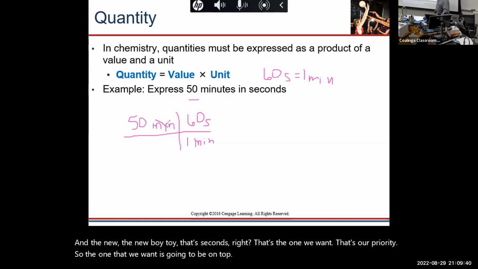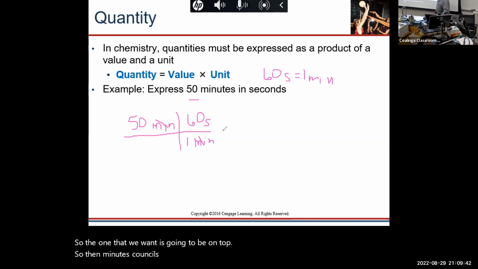So then minutes cancels out, and we end up with 3,000 seconds.